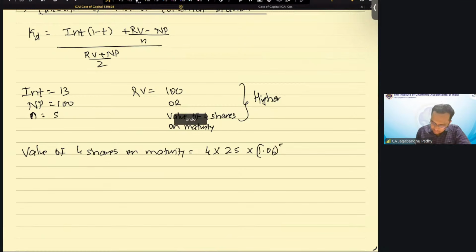So after 5 years, what is the share price of each share? That's going to be 25 into 1.06 raised to 5. And then the whole thing is multiplied by 4. So what's the value of 4 shares on maturity?